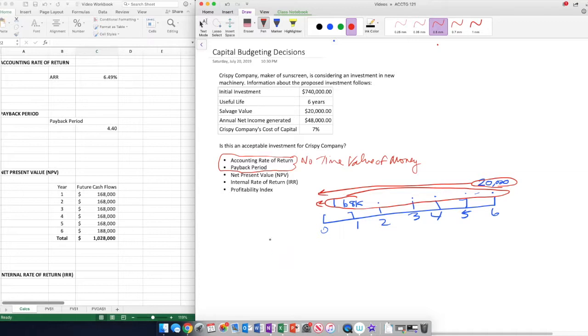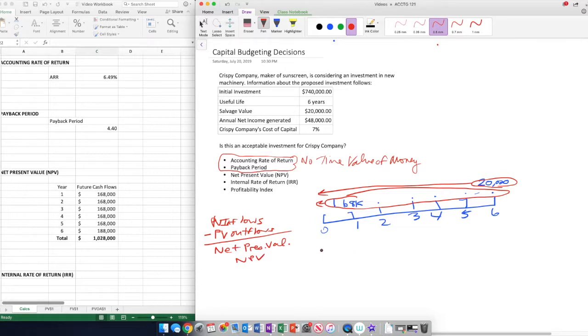Because in net present value, what we want to look at is the present value of the inflows, and we want to take out the present value of the outflows, to see the difference. That is what we call the net present value, or NPV.